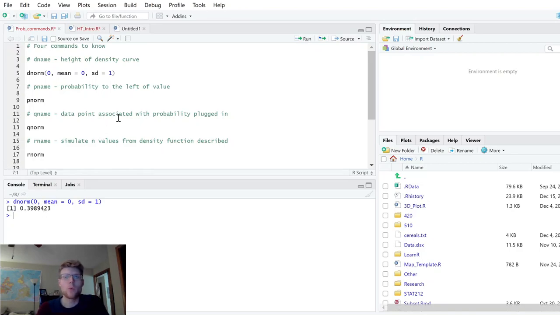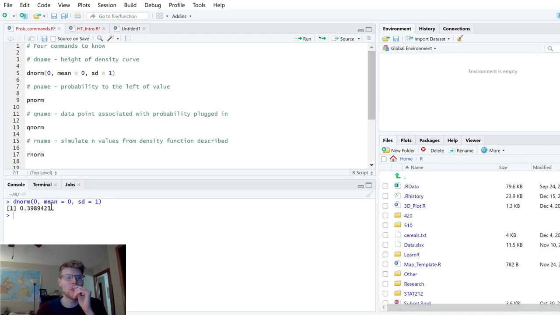Now, when we're working with continuous data, just keep in mind that this does not mean that there's a 39 or 40% probability that I'm going to get the value 0 from a normal 0, 1 curve, and that's because continuous data doesn't produce a probability at a point, but produces a probability at a range.